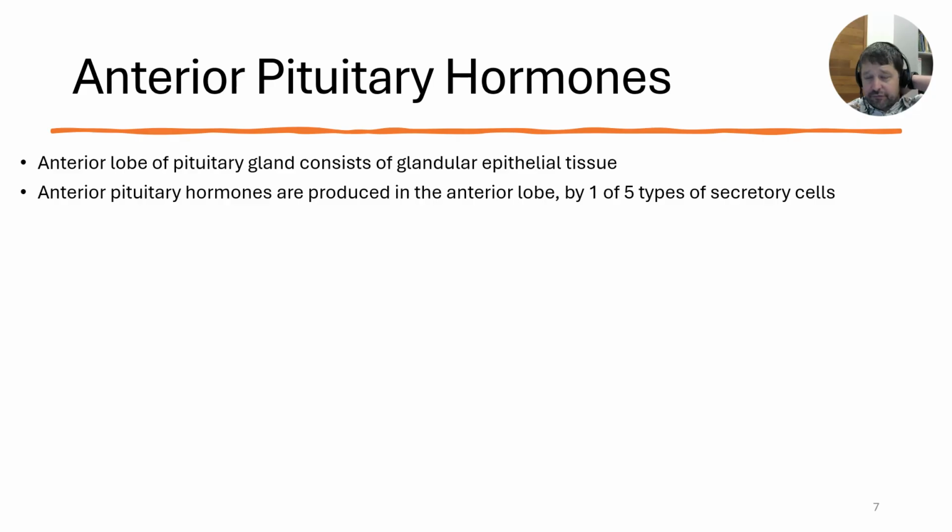Okay, so let's look at a few pituitary hormones, specific hormones. Again, it's normally a hormone per cell type kind of secretion. So there are secretory cells that release specific types of hormones.